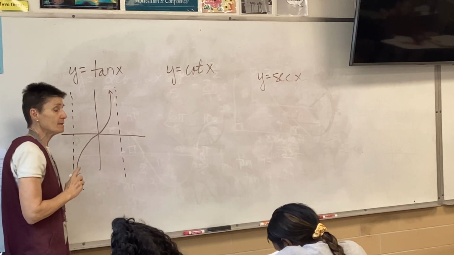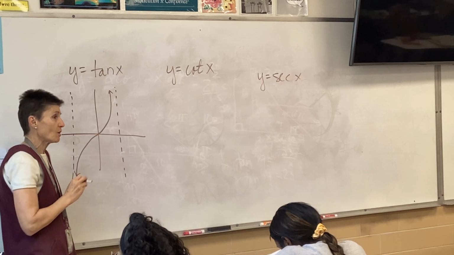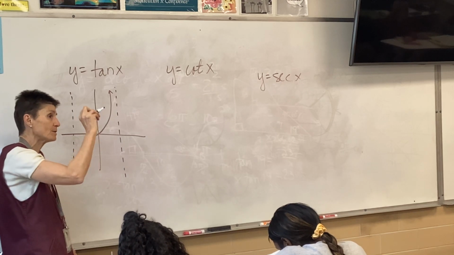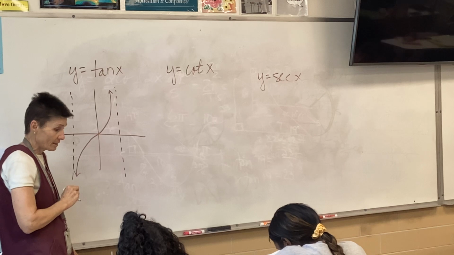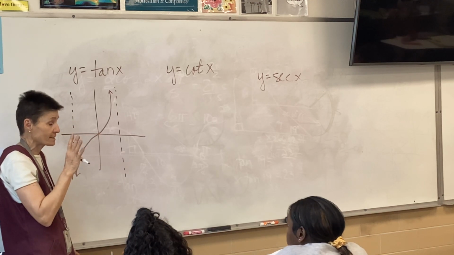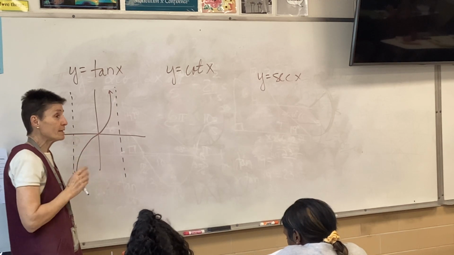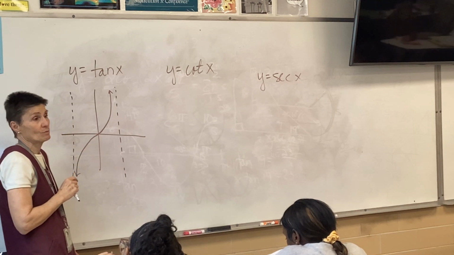The reason that the tangent has asymptotes is that there are places around the circle where it is undefined. I'm in 4.5. Am I in the right place? Some of you are staring at me blankly. Okay. When you are undefined, you have asymptotes.